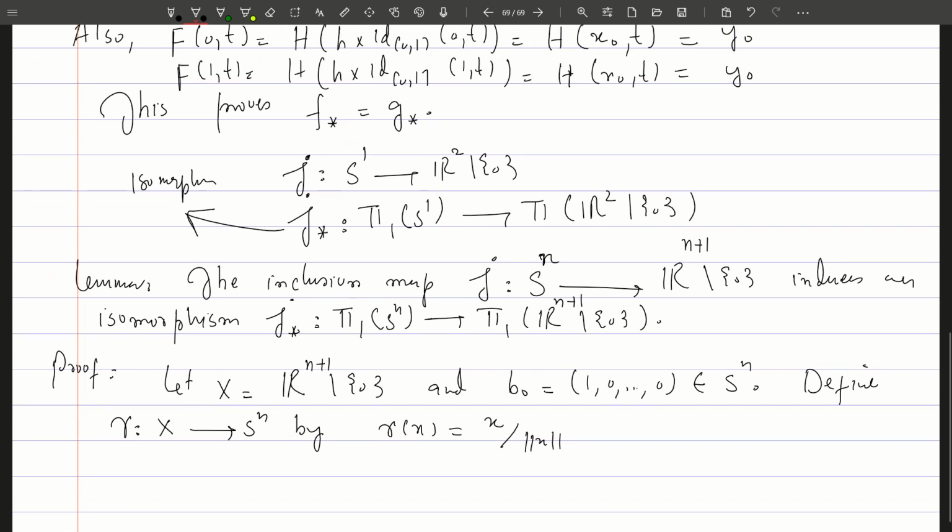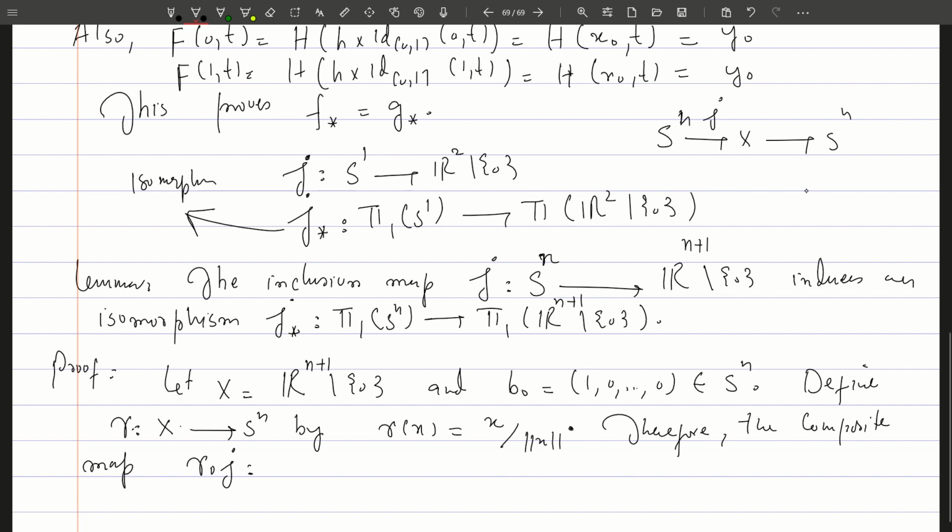So we have the composite map. If I look at the map R composite J, where J is a map from Sn to X, and R is a map from X to Sn, it is like this.